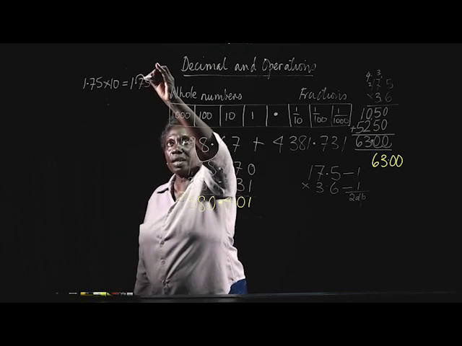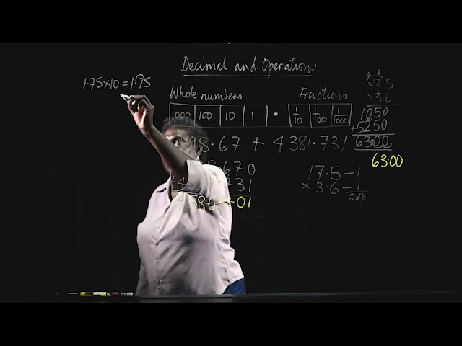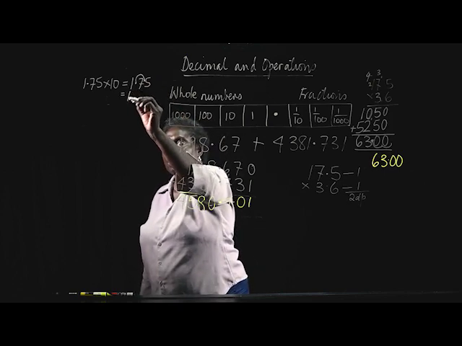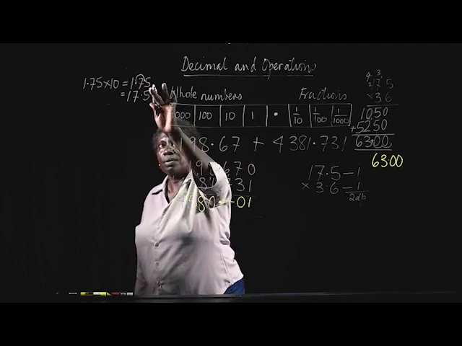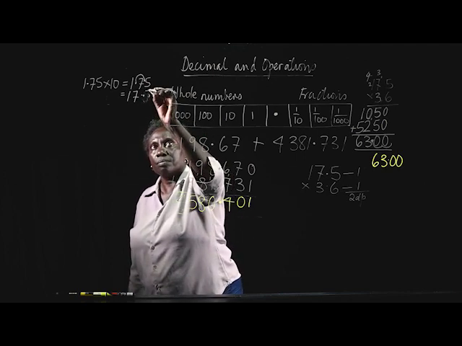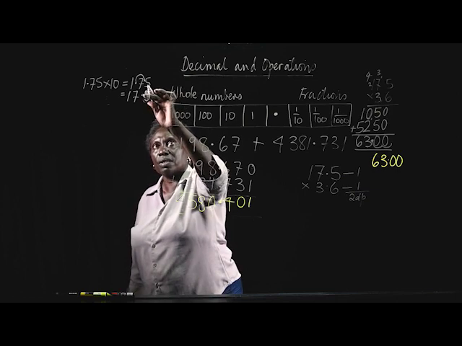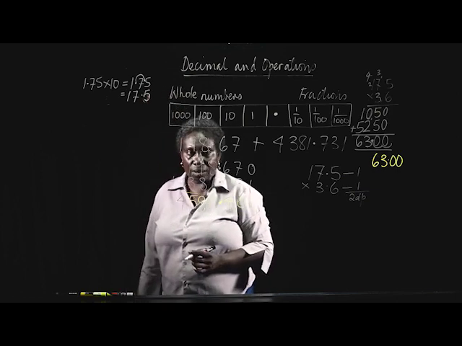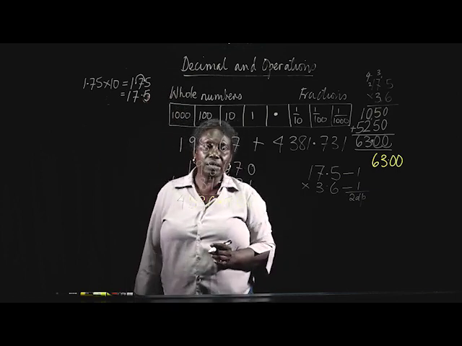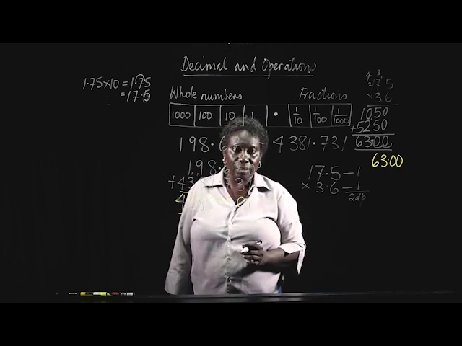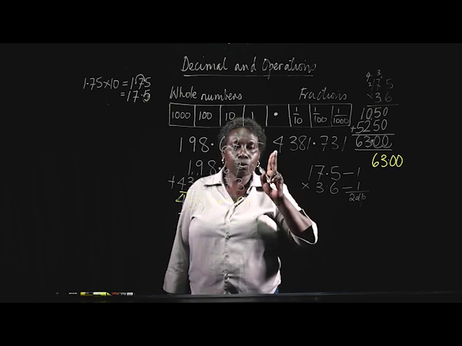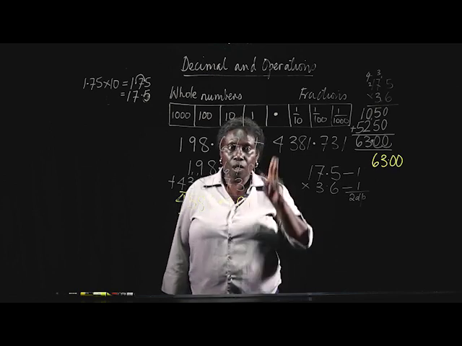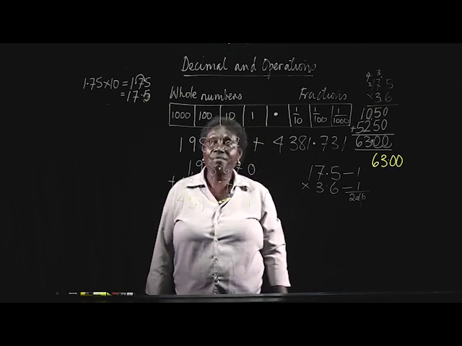When I move 1 place to the right, my answer now becomes 17.5. Next, I am going to multiply by 100. Now, when I multiply by 100, I have 2 zeros, so I am going to move 2 places to the right.